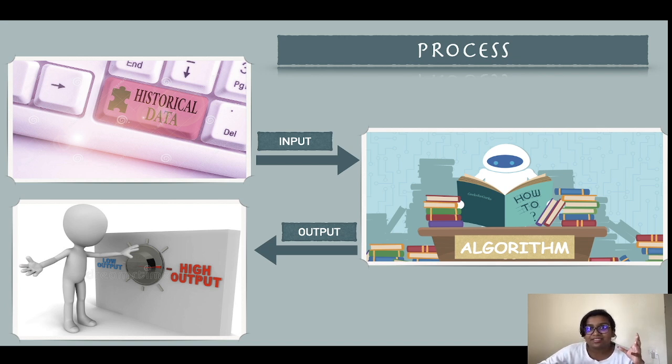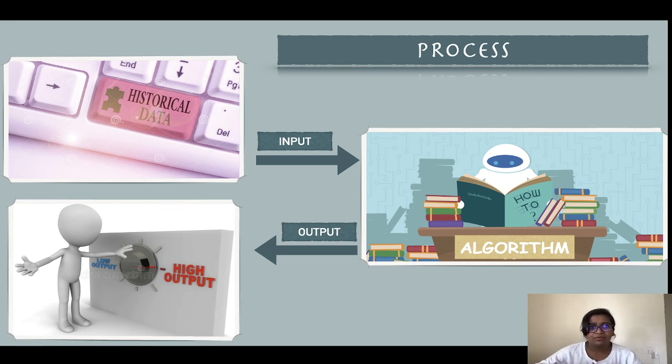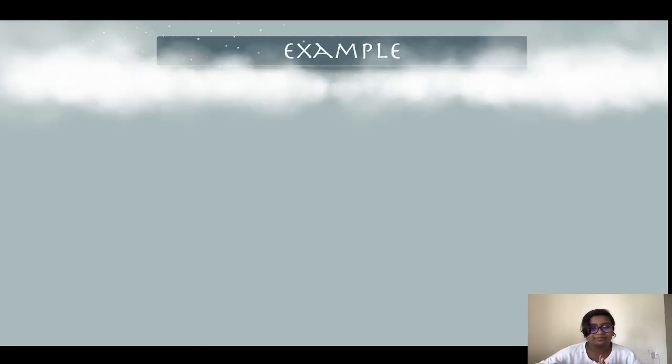Trained algorithm in the sense it has already learned the relationships and the patterns. Now this is why the historical data we feed into this training algorithm is called training data, because it's used to train the algorithm. Pretty simple, right?